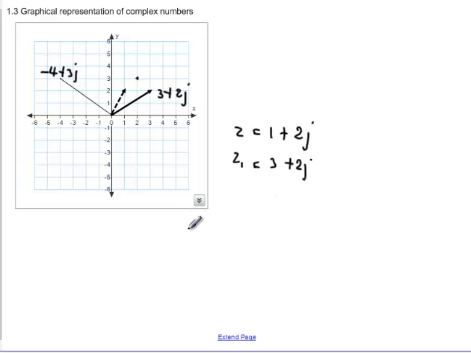If I were to add these numbers, Z1 plus Z2, let's start by adding them geometrically, as they are represented geometrically. I will take this vector.